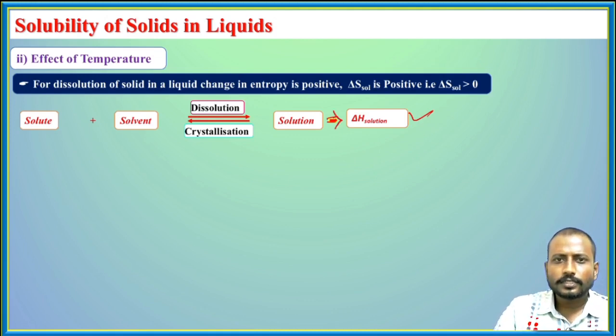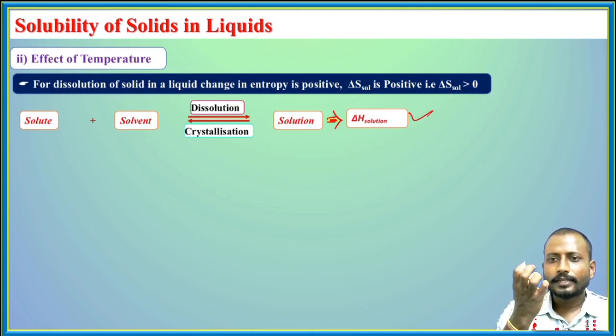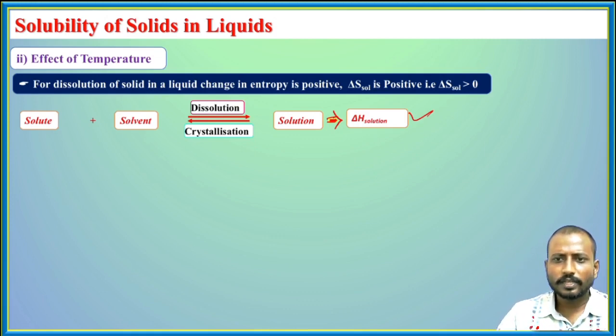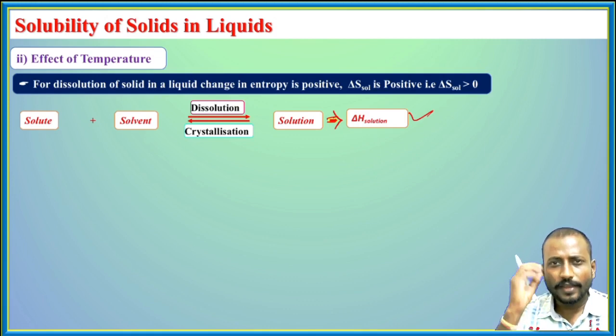For dissolution of solids in a liquid, the change in entropy is positive because a solid is becoming separate, individual molecules. If the number of entities is increasing, then the entropy of that system is going to increase.